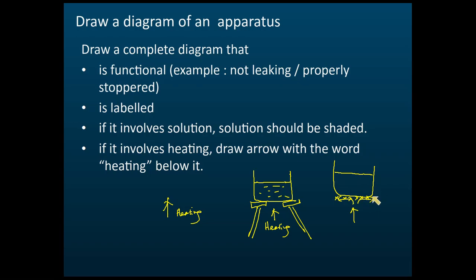Every part at the bottom is heated. That's why you use wire gauze. But if you want to find the heat of combustion, the wire gauze will absorb the heat and then release the heat to the surroundings. Hence, the heat absorbed by the liquid will be less than the expected value. Then you cannot use wire gauze. So you see, some you need to use wire gauze and some you cannot use wire gauze.